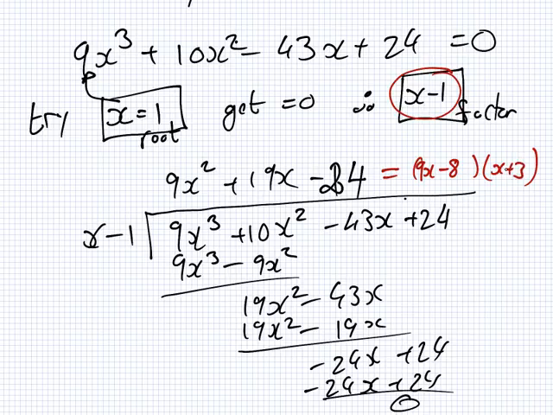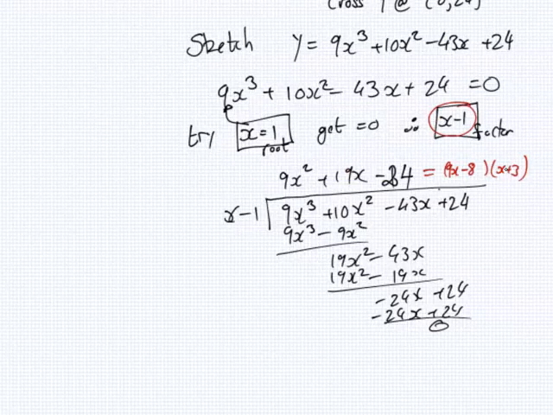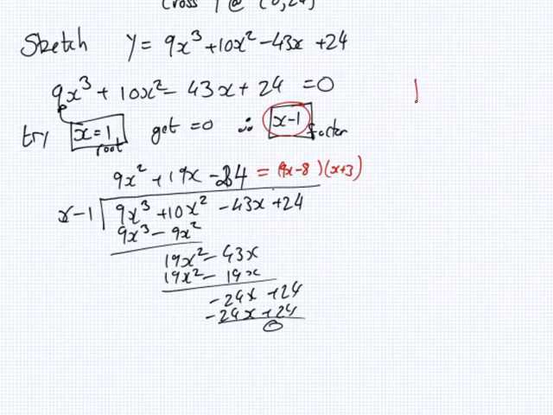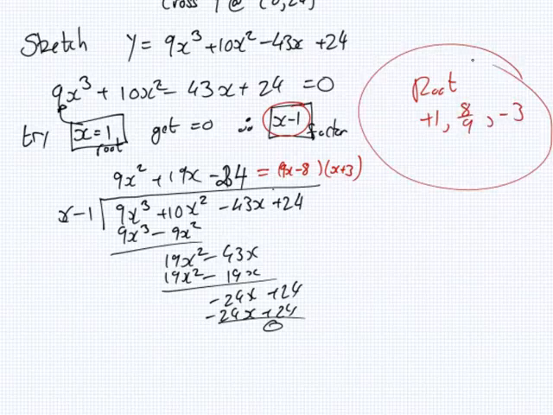Isn't it opposite? No, this is right. So we found the roots. What are the roots? Plus 1, 8 over 9, and minus 3. These are the roots on the x-axis. So let's try to draw now.